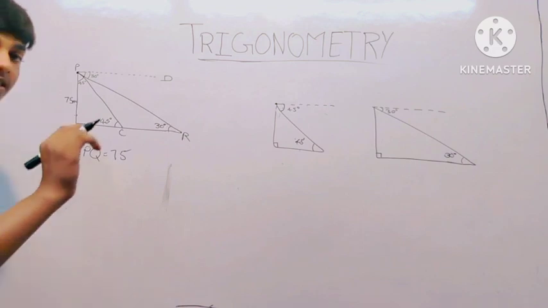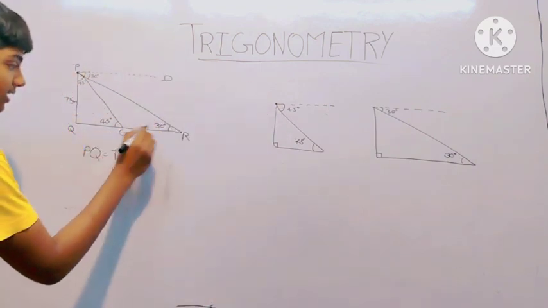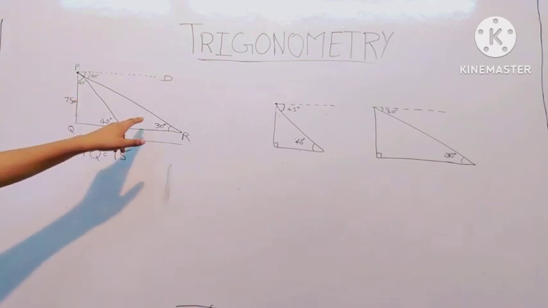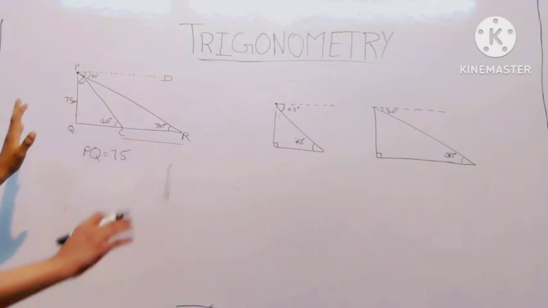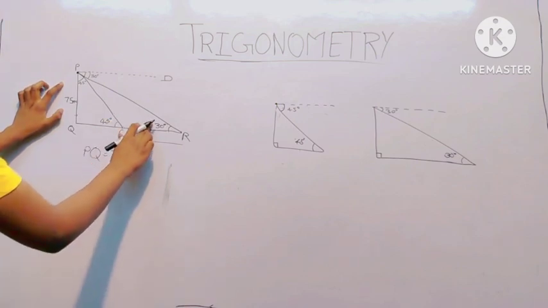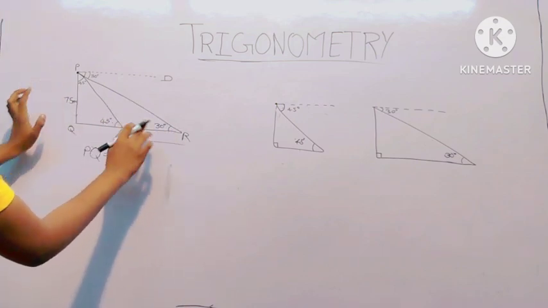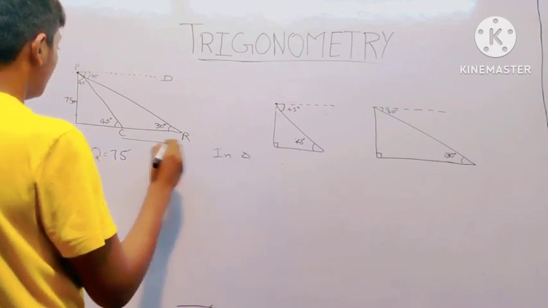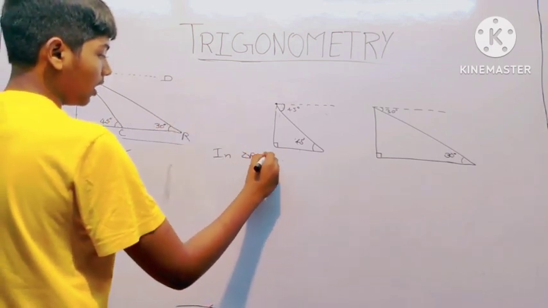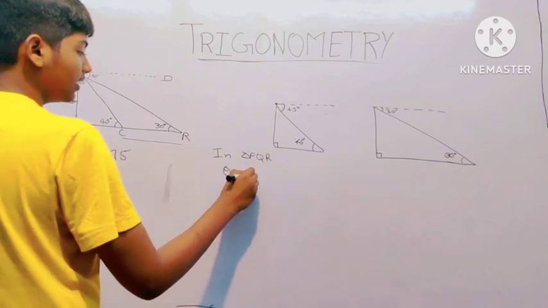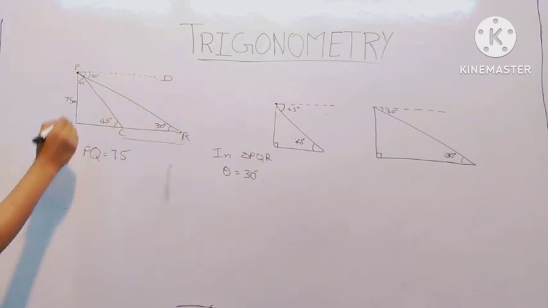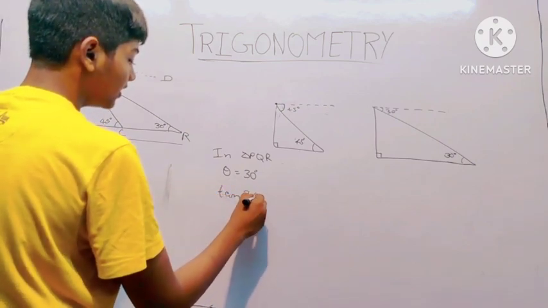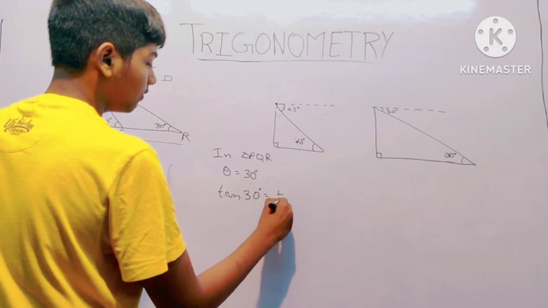Now we need to find the distance between the two ships, which is CR. According to this angle we have the perpendicular and we need to find the base. In triangle PQR, theta is 30 degrees. Let's take tan of 30 degrees, which is equal to 1 by root 3.